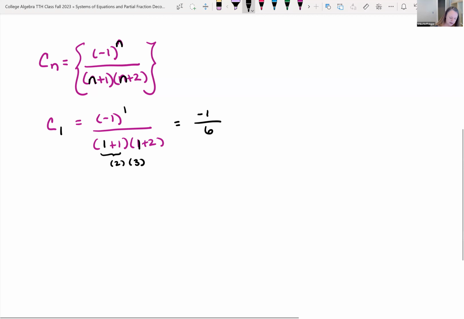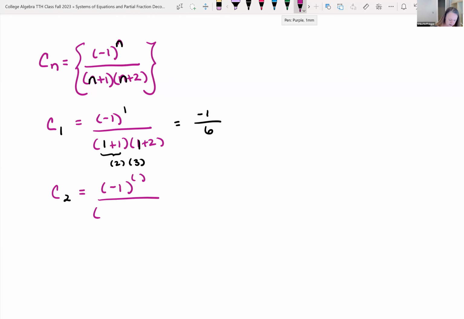So now do the same thing, but now plugging in 2 wherever you see an n in that formula. So we have -1 squared all over 2 plus 1 and 2 plus 2. Well, if I square -1, that's positive 1, all over 2 plus 1, which is 3, and 2 plus 2 is 4. 3 times 4 gives us 12.